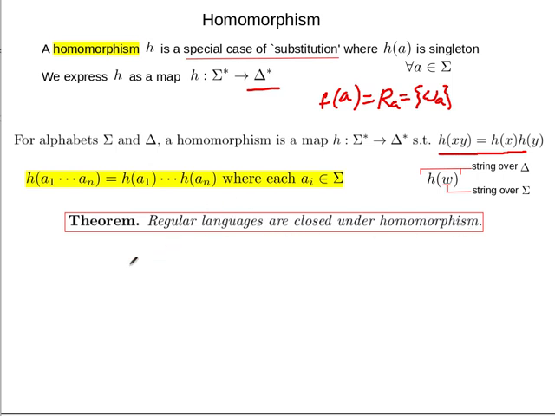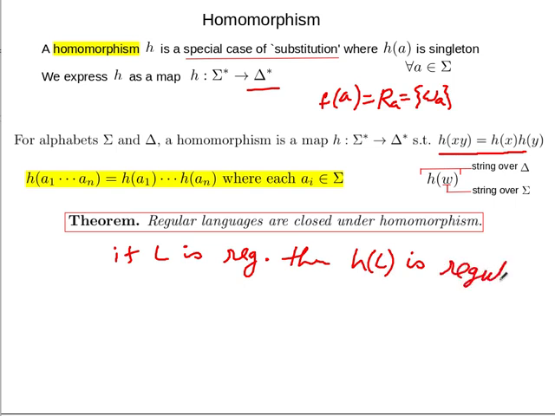So what does that mean? That if L is regular, then h of L is regular. And h of L as before, we have defined this for strings, from string to string.